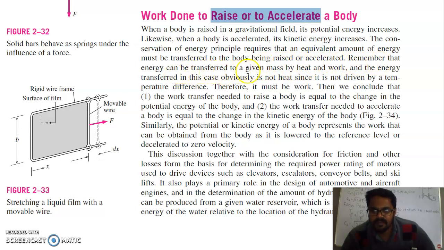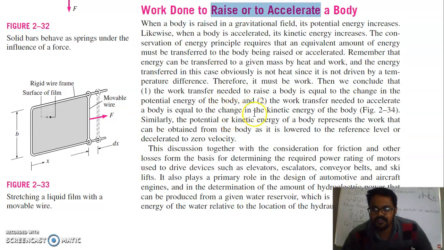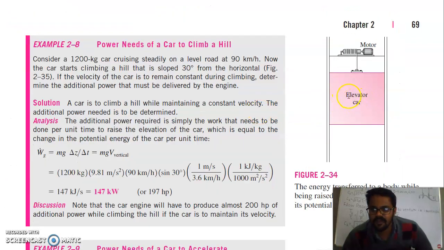Remember that energy can be transferred to a given mass by heat and work, and the energy transfer in this case is obviously not heat, since it is not driven by a temperature difference, because to raise any body from the ground datum to some height, it does not need any sort of heat. You need to actually do work. You can see an example here: an elevator car, where the motor will rotate and lift the elevator.